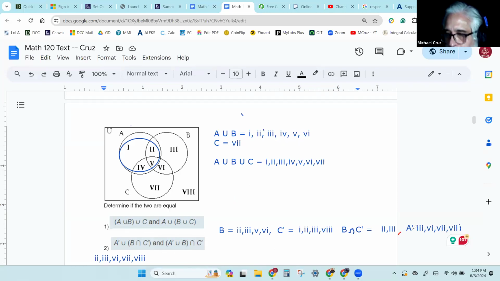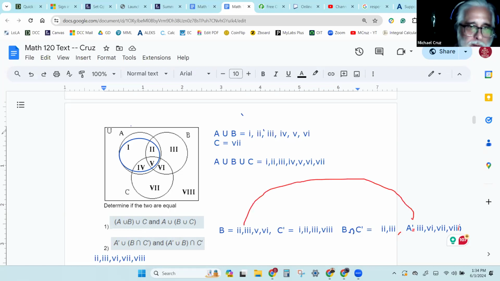So A complement is 3, 6, 7, and 8. Remember, that's an 8. All right, and then we're unioning that with B now. So I'm going to write that up here. So we're just going to put those two into one pot.